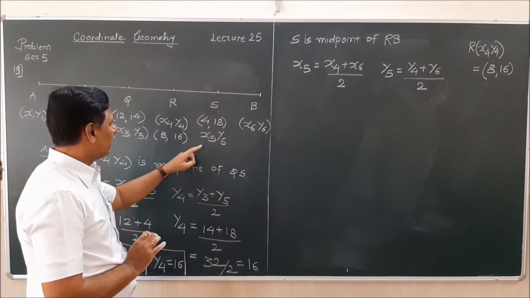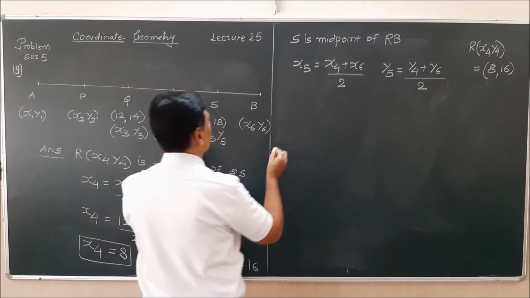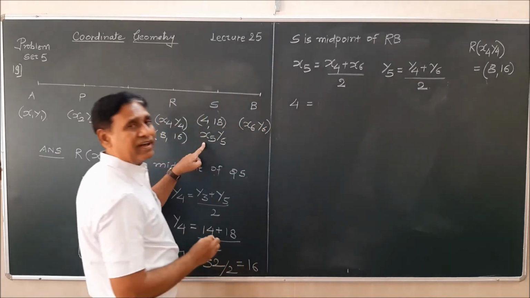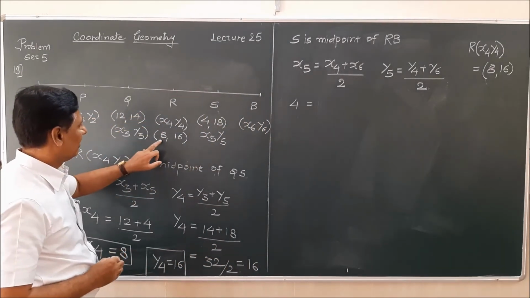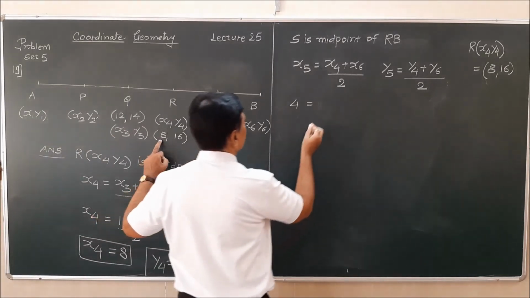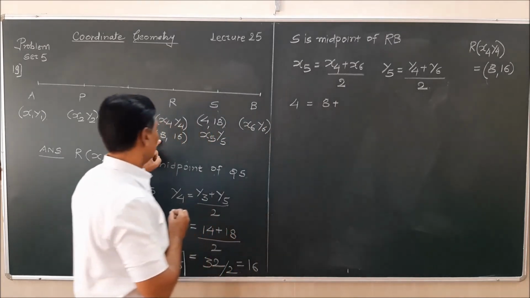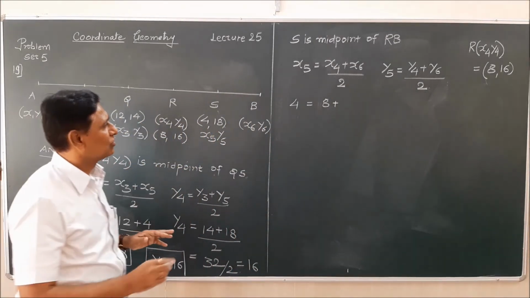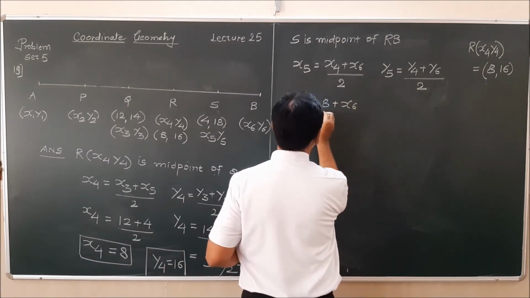Now values of x5 and y5 are known to us. So 4 is equal to the value of x4, which is 8, plus x6, which we don't know at all, upon 2.